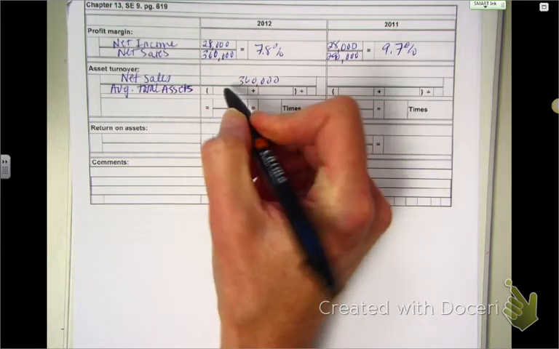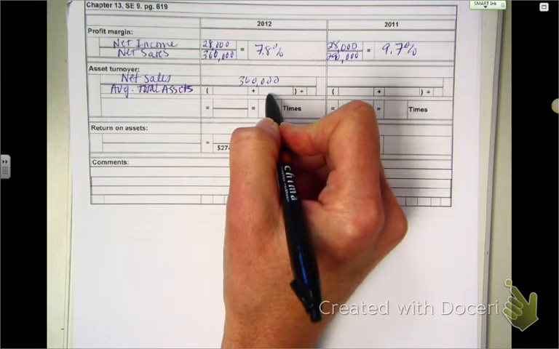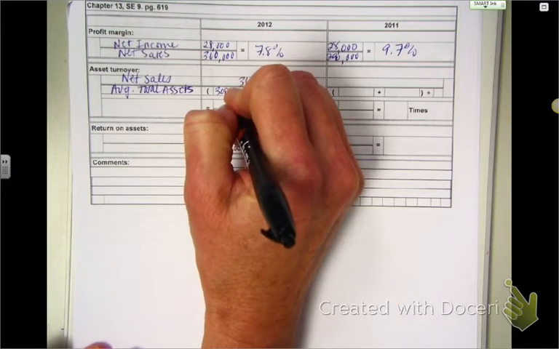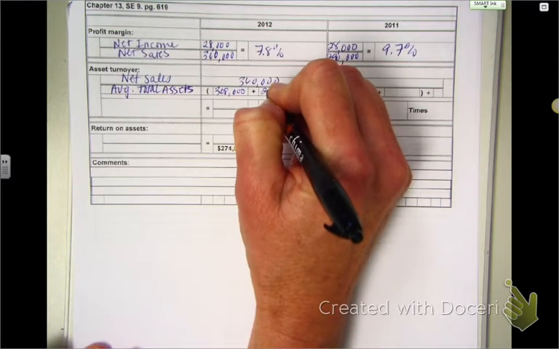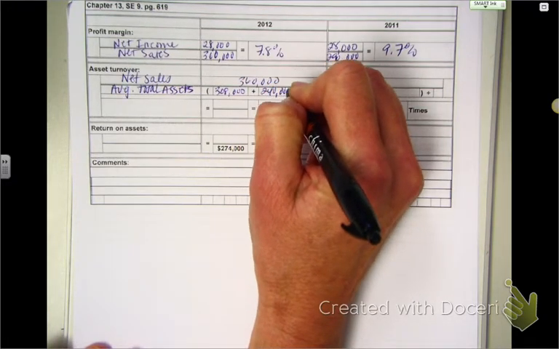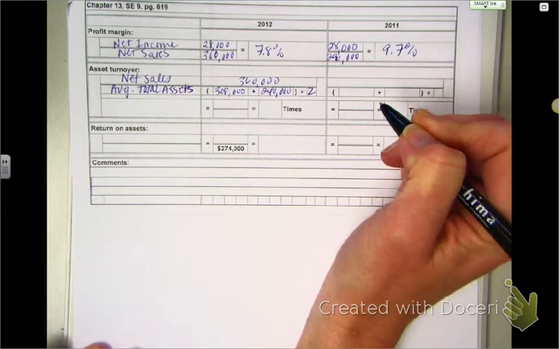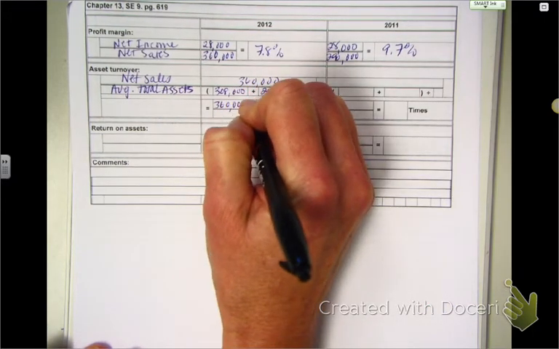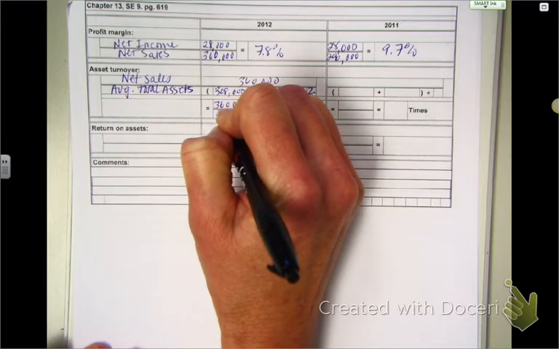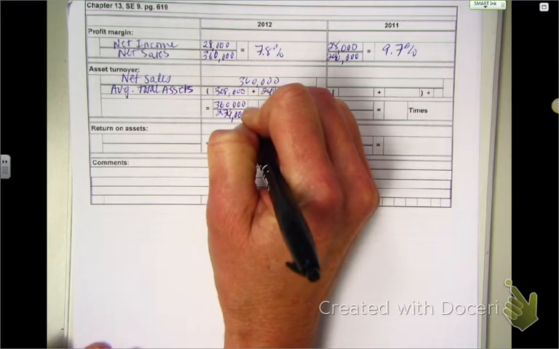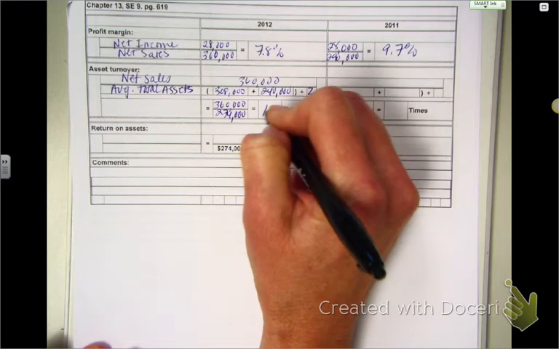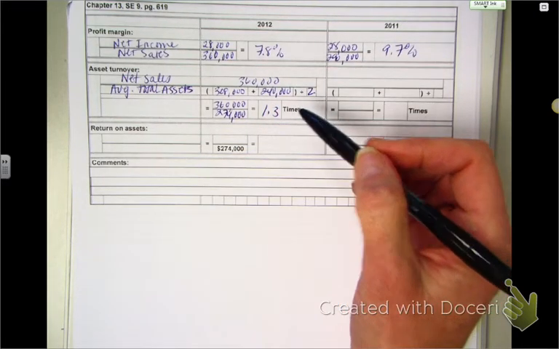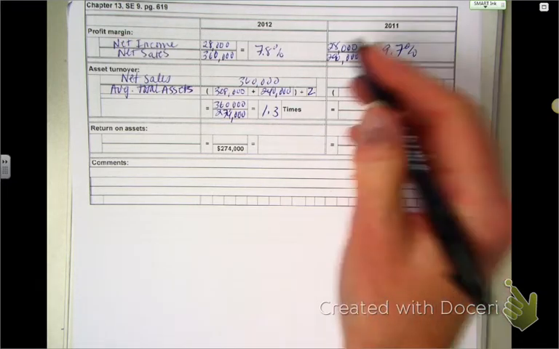And to get the average, we're going to take the beginning plus the ending assets, $308,000 plus $240,000 divided by 2. That's going to give us the $360,000 over $274,000, and that will give us an asset turnover ratio of 1.3 times for 2012.